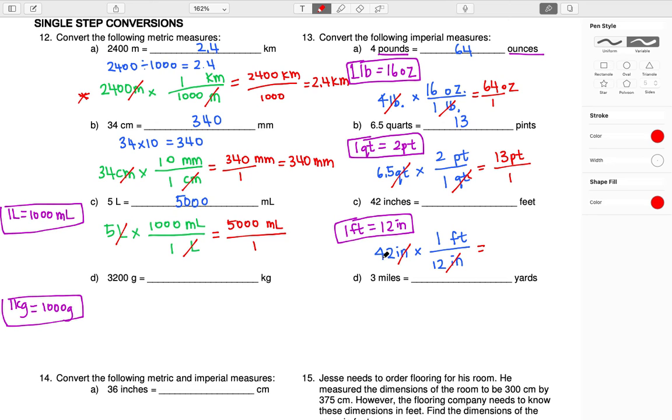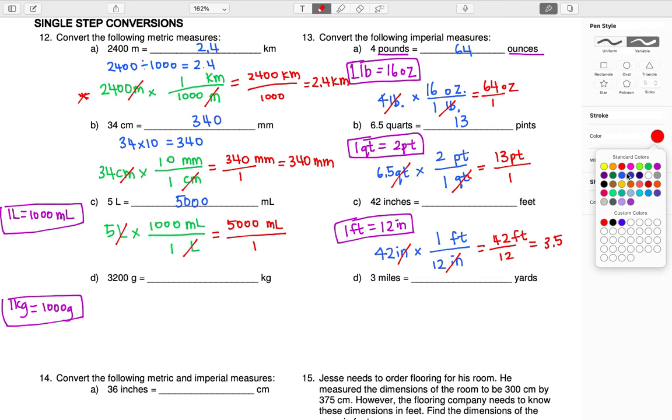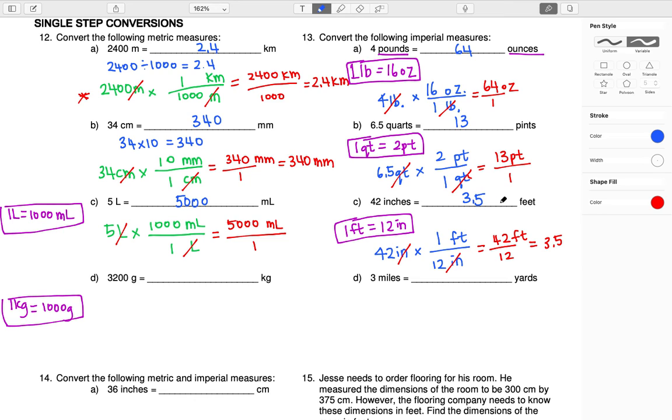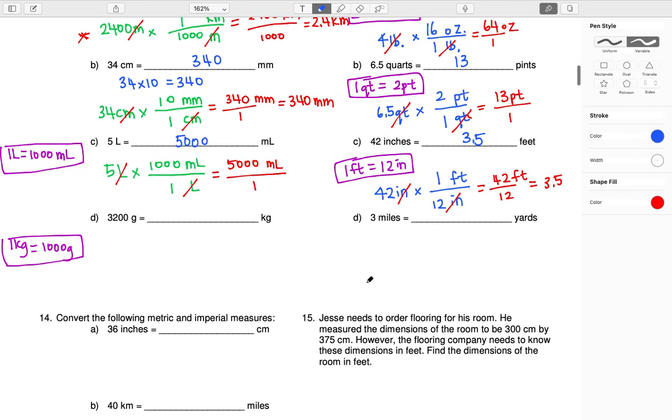So you do 42 times 1, which is 42 feet, over 12. And then 42 over 12, when I punch it in the calculator, you get 3.5. So therefore, 42 inches is going to be 3.5 feet. So you will be practicing that for letter D as a last step.